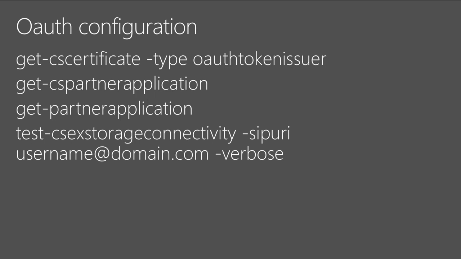And there's also this Test-CsStorageServiceConnectivity with the username. This will actually go out and verify that your storage connectivity via LYSS is functioning properly for the given user. I will demonstrate that as well.